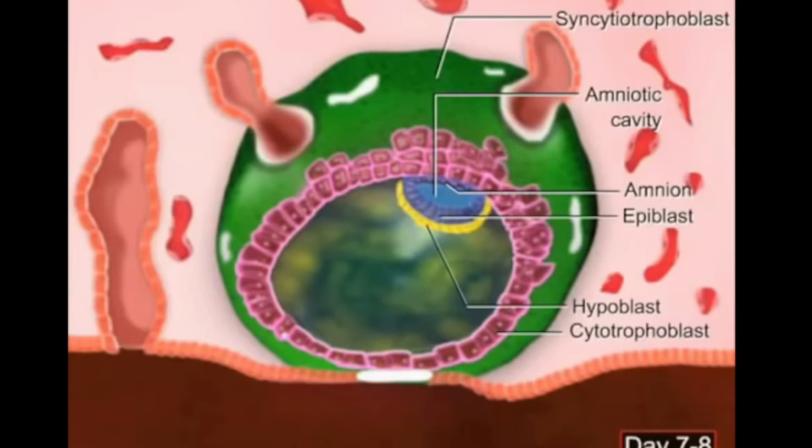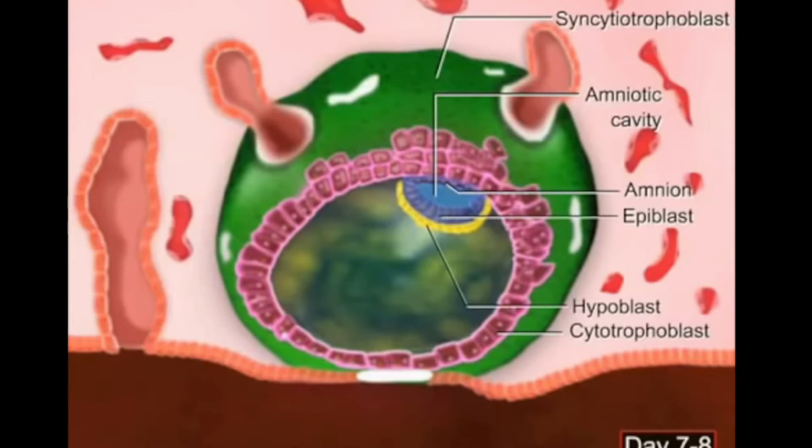One cavity is formed inside this, known as the amniotic cavity. The amniotic cavity has a roof, known as the amnion, which is derived from the cytotrophoblast, and the floor of the amniotic cavity is formed by the epiblast.